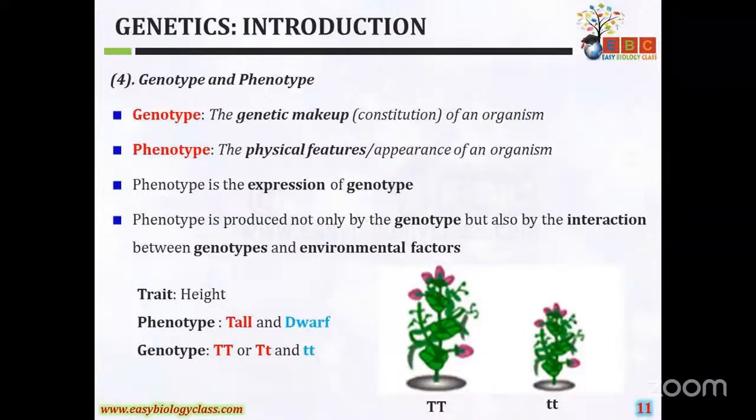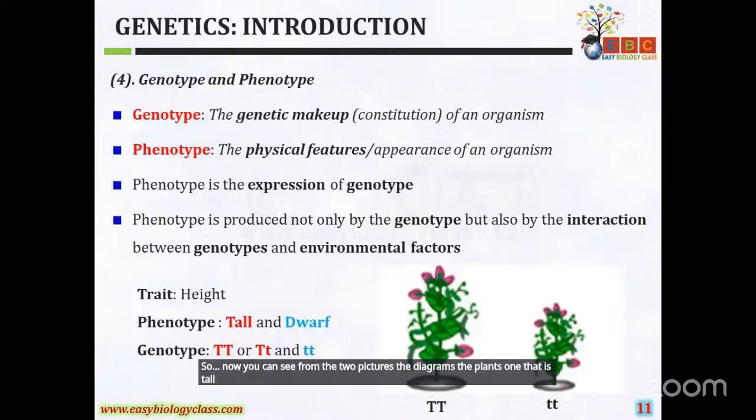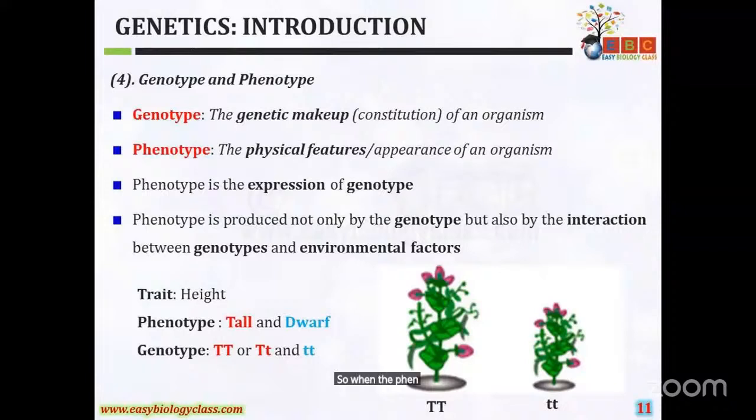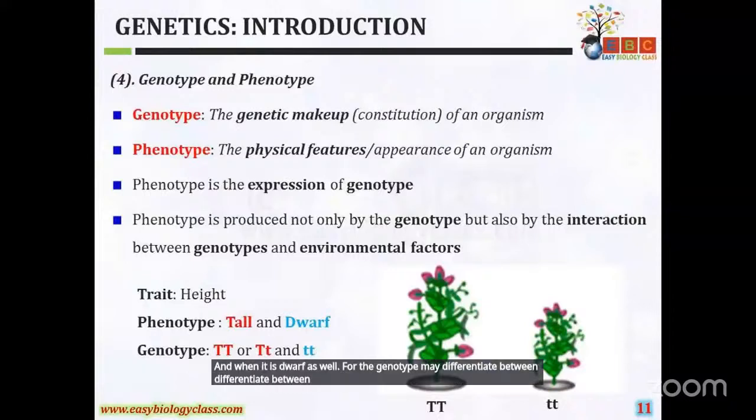Now you can see from the two pictures, the diagrams of the plants, one that is tall and the one that is dwarf. So when the phenotype is tall, you see it, that's what we can see. And when it is dwarf as well. But the genotype may differentiate between all those tall plants or individuals, because some are homozygous tall and some are heterozygous tall.